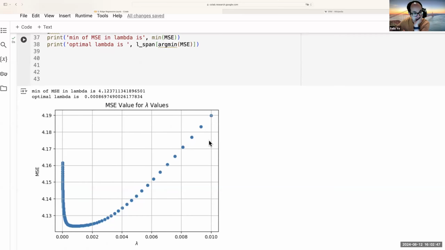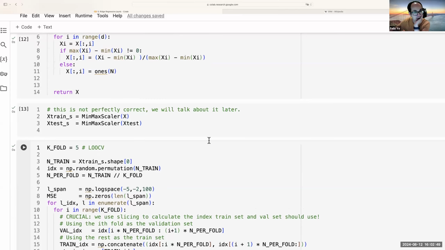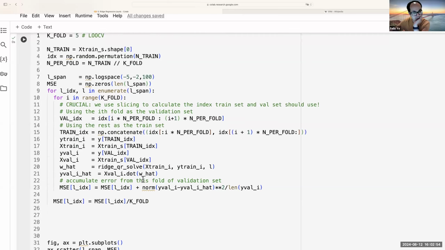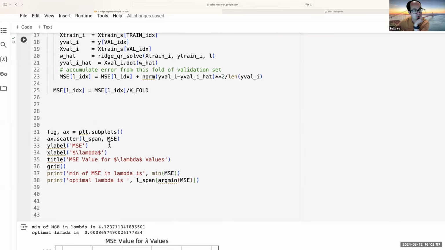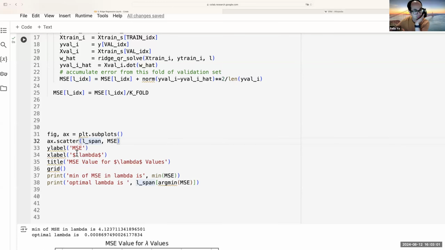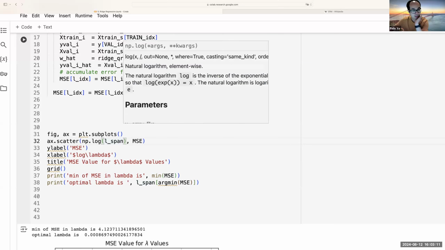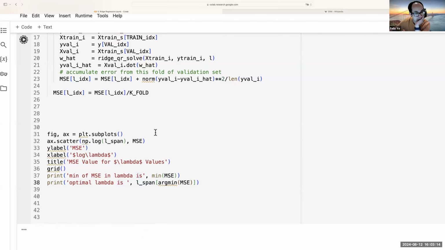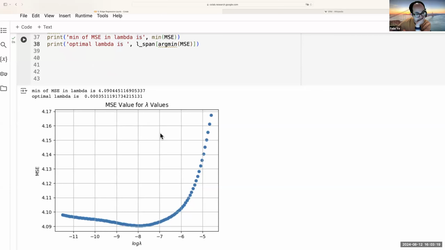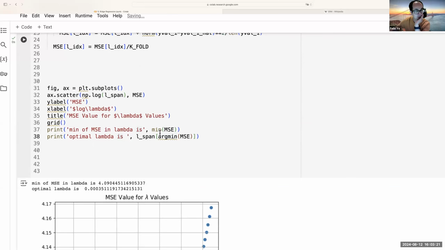Okay, so I think we changed this lambda from minus 5 to 2. So I'm going to take the logarithm here, just to ensure everything is fine.